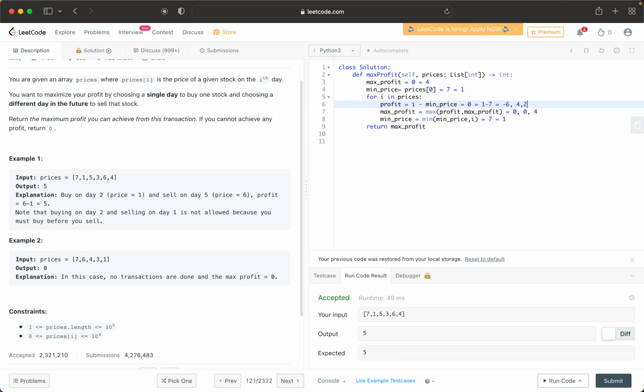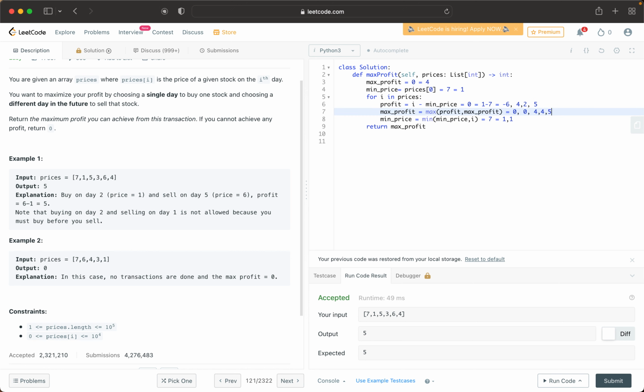Now i value shall become 6. So profit will become 6 minus minimum price, which is 6 minus 1. So profit will be 5 this time, and max profit will be the maximum of profit and max profit. Oh my bad, the profit which we made is 5, and then the maximum of 5 and 4 is 5.